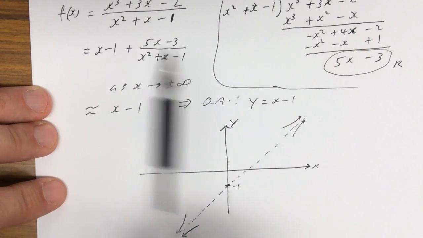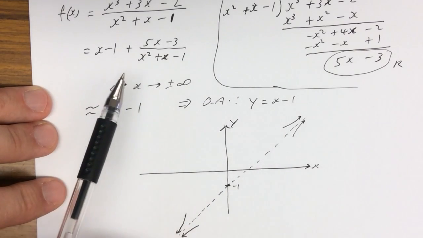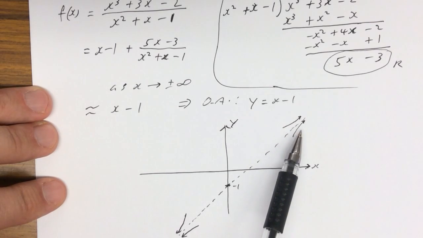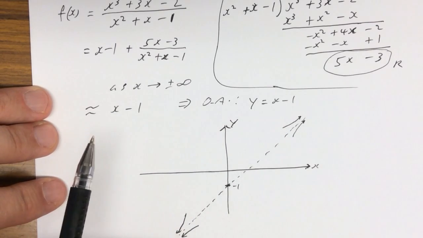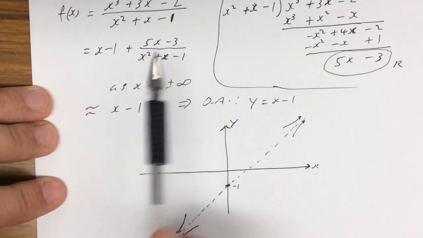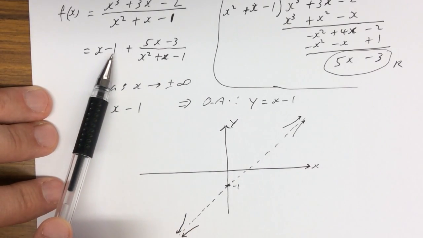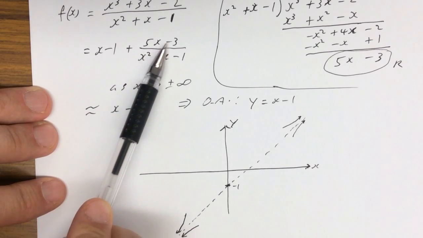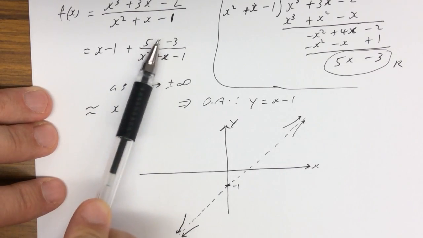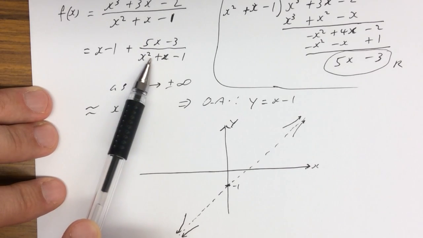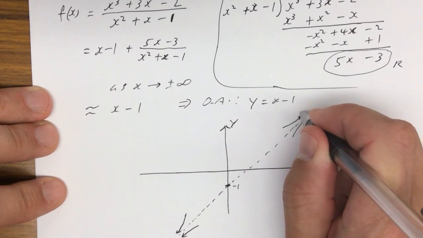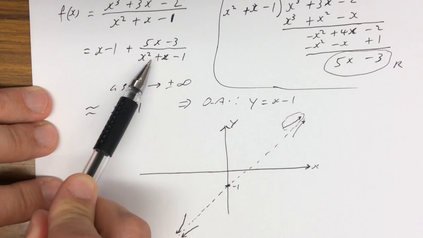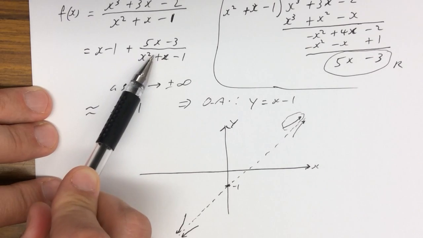Based on the remainder part here, you can tell whether it's going to approach from the top or the bottom, but you'll probably be able to tell that from the information in between as well, from the factored form. So for this one, as x gets really large positive, this top part here is going to be positive, and so is the bottom. So it's going to approach from the top on this side, because it's going to be x minus 1 plus a little bit positive.